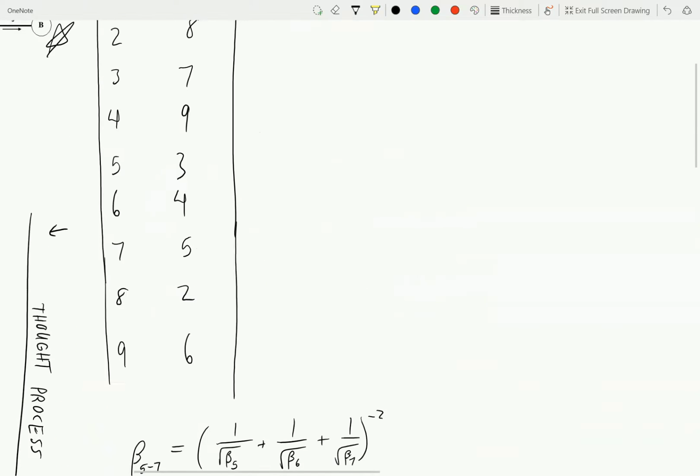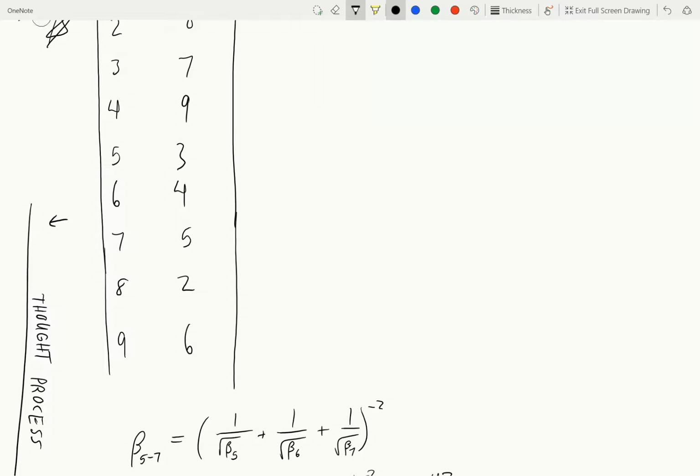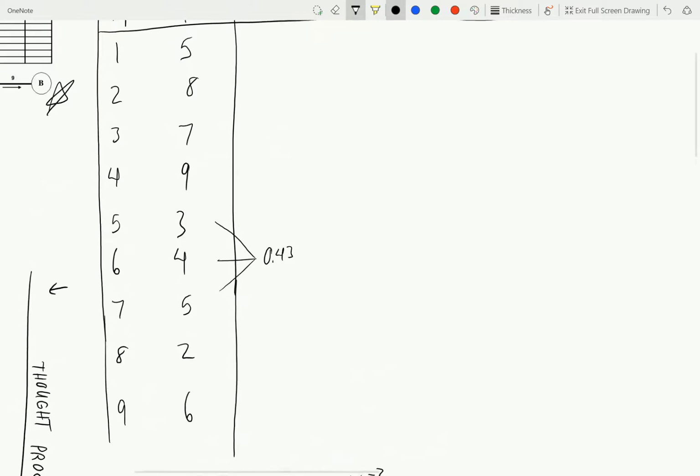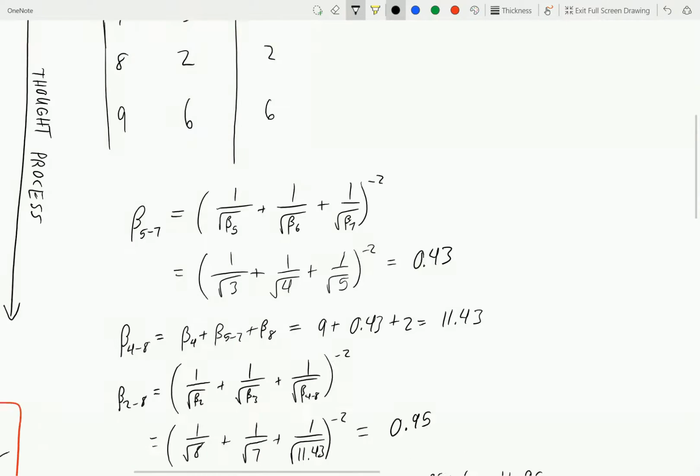Now, I guess we can plug these values into our little table up here. So we have beta 5 through 7 was 0.43, and all these numbers will carry over, so we have 9, 7, 8, 5, and 5, 2, and 6.